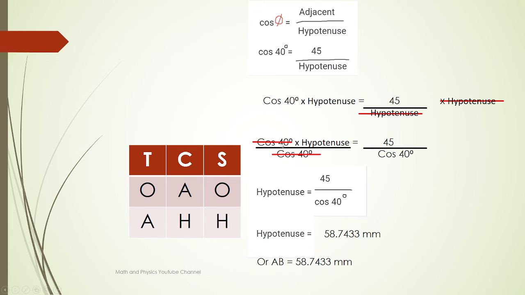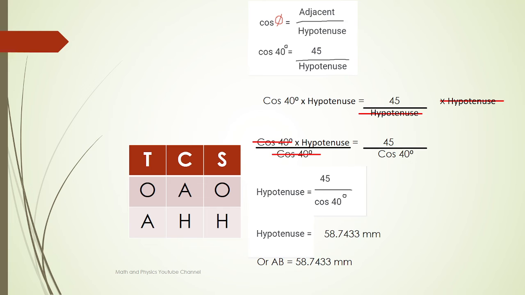You would have the number 1 times the hypotenuse, which is the same thing as the hypotenuse being by itself. So you would have the hypotenuse equal to 45, which is the millimeters, but you don't need to write the millimeters, divided by cos 40.